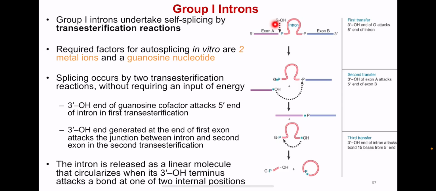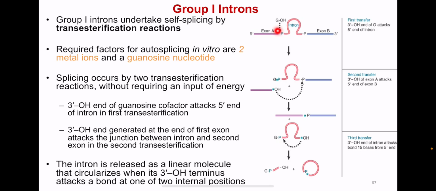This guanosine nucleotide has an OH group. The OH group of the guanosine cofactor will cut the first exon-intron junction at the 5' end. You can try remembering the diagram that was in the mRNA.